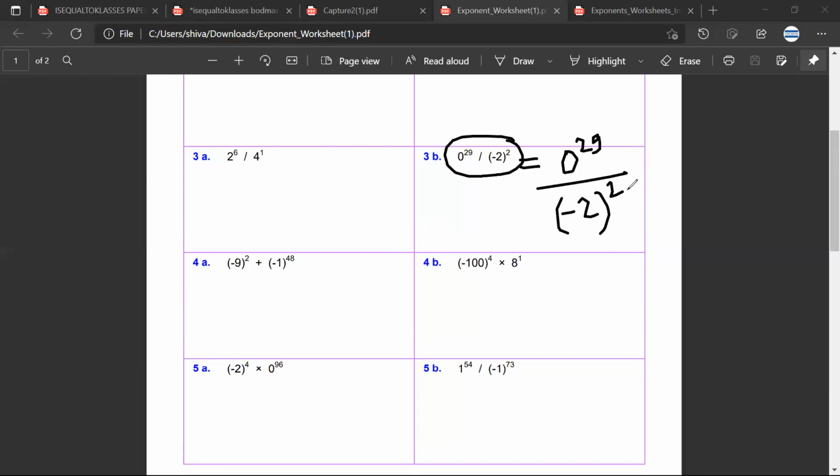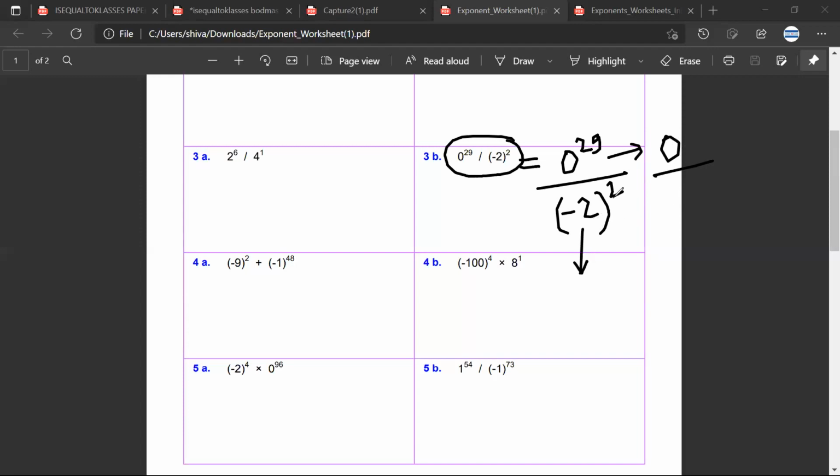So it will be equal to plus 2. 0 upon 2. Sorry? 0 upon 2. 0 upon 2 would be? 0. Why it would be 0 upon 2? So because 0 raised to power 29 is 0 and 2 is an even number.